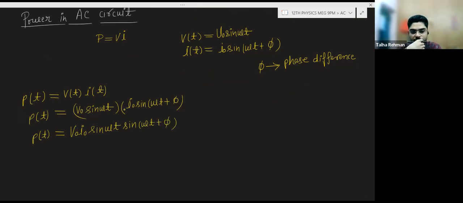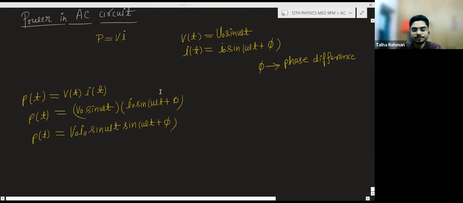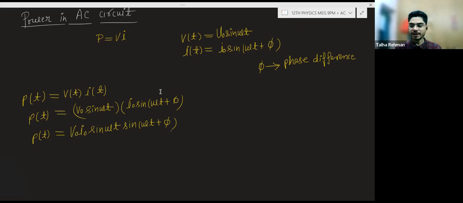Now in AC circuit, we have calculated the average value of the current. Why do we calculate the average value of the current? Because the current is changing with time.